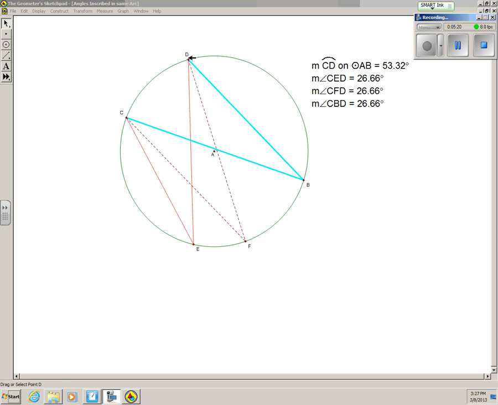Let's do some rounding over here. We're going to call this 27, and we're going to call this 54. This angle CED is half of arc CD. This dotted angle CFD is the same as the one in red, and the blue angle CBD is the same as the other two. They're all half of the arc they sit in. Okay?